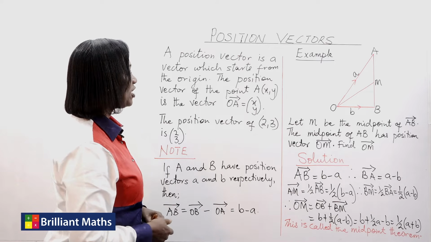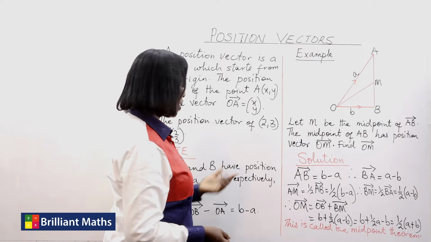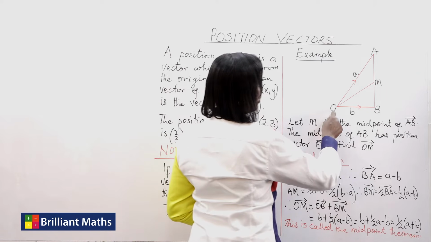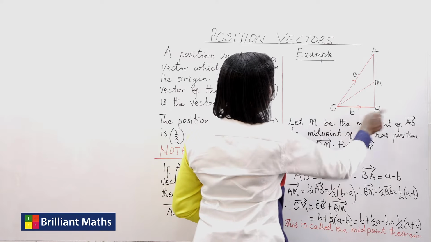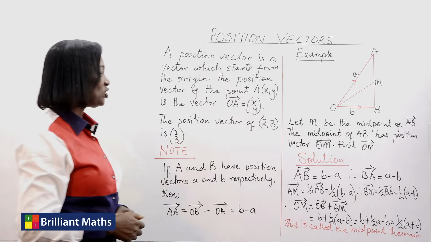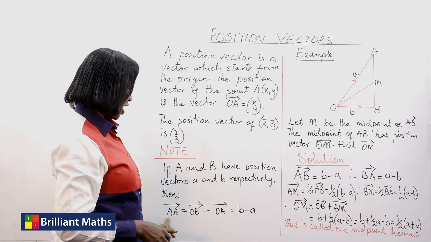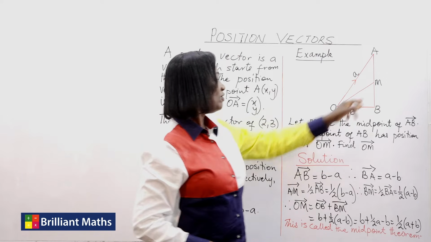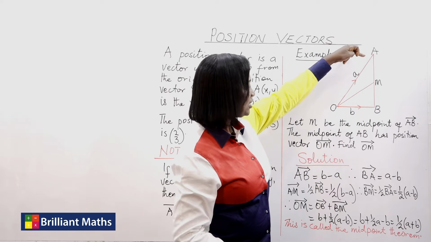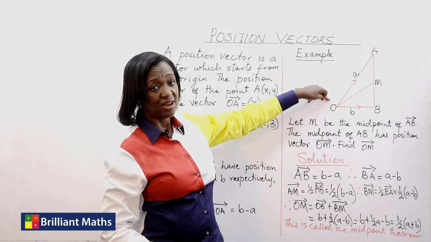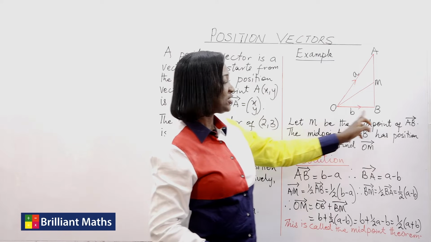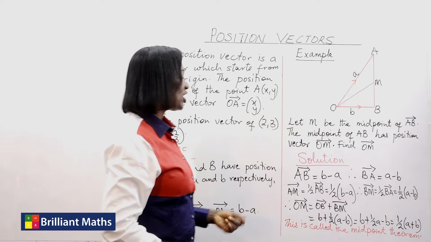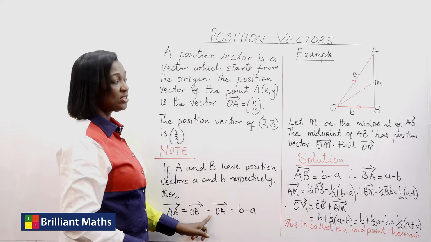Let's look at it from the example. So we have vectors A and B. So that's OA and that's OB. What we're trying to say is that AB from A to B is minus A plus B. And minus A is actually minus OA.